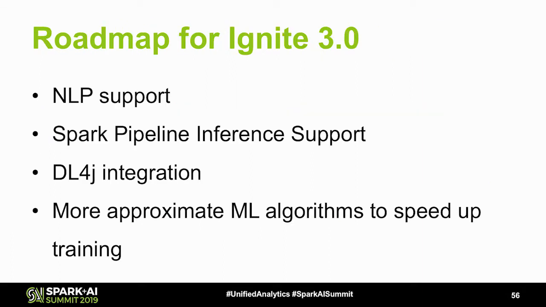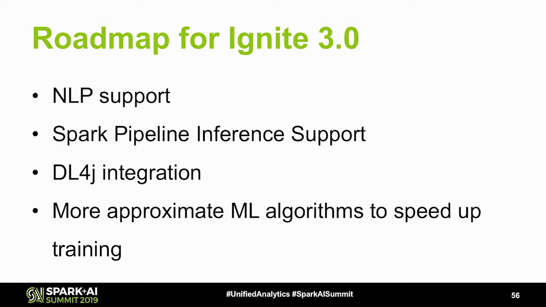Also, a small roadmap. If you're interested in Apache Ignite ML after my talk, give me a few seconds to show the roadmap. We are planning the next features, and the next release brings NLP support and Spark pipeline inference support. Currently, it parses only Spark models, but not the whole pipeline. Whole pipelines are supported via MLeap. Also, we hope to add DL4j integration to support other Java developers who are trying to do this with Spark and generate a lot of Spark tasks.